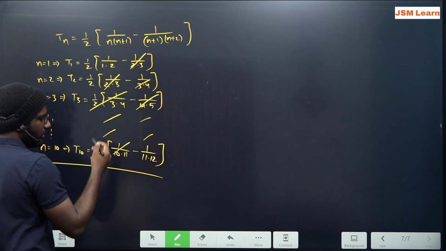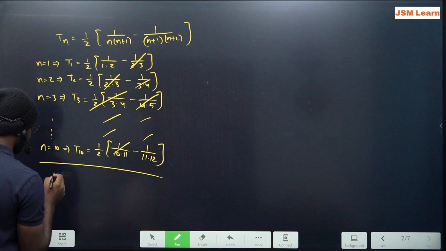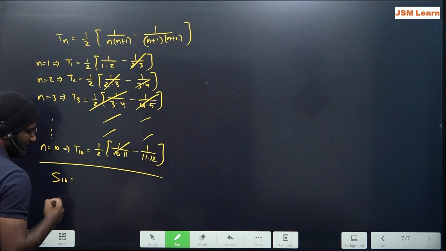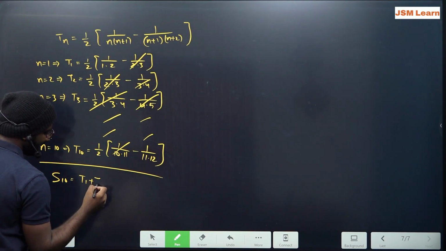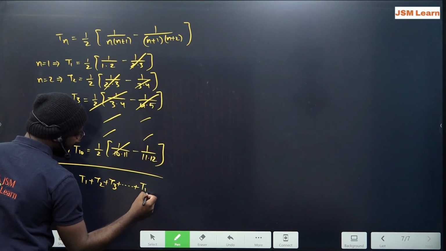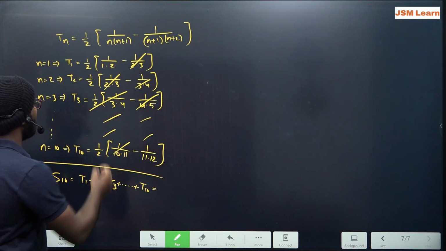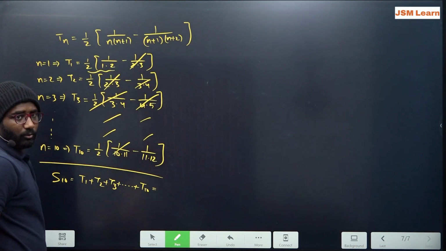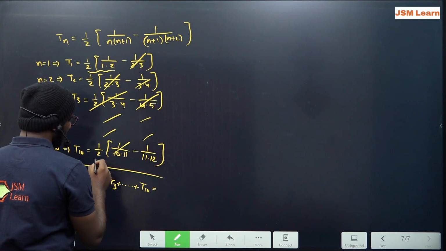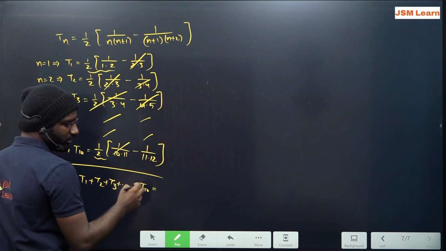So up to the last term it will get cancelled, and the remaining two terms are, here it is equals to the sum of 10 terms, right? That is nothing but T1 plus T2 plus T3 plus up to T10. So here finally the remaining two terms are 1 by 2 times 1 by 1 into 2 and here 1 by 2 times 1 by 11 into 12.